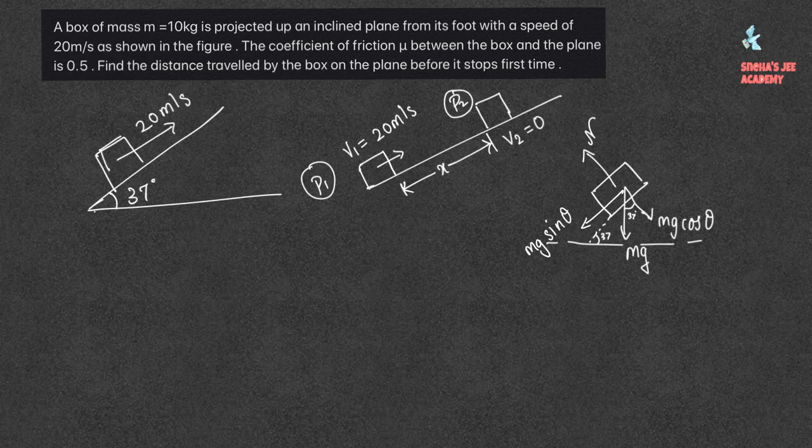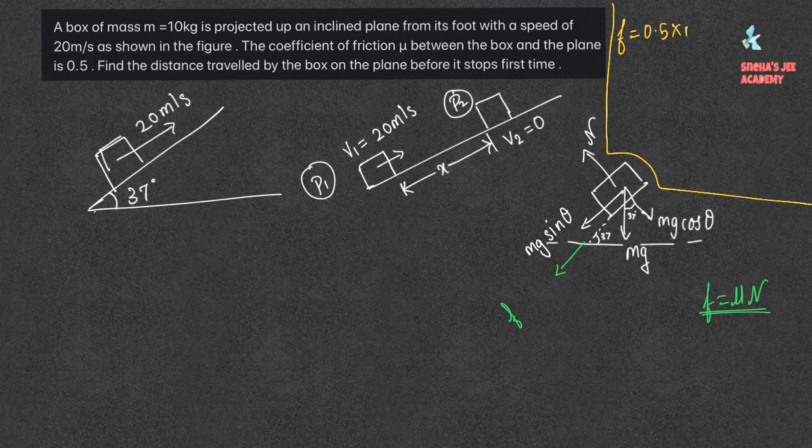Then we have friction. Friction is in this direction, so friction F is mu times N. Here mu is 0.5, and as we know the normal force is mg cos theta.